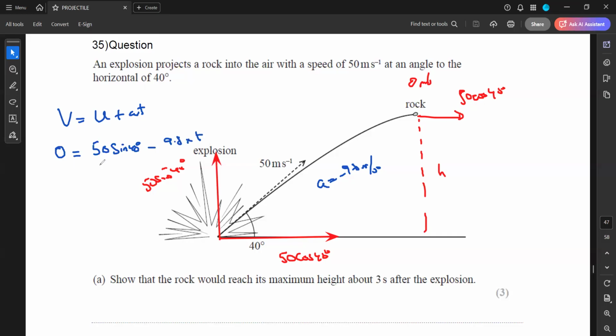When we simplify, 9.8t is equal to 50 sine 40. So t will be equal to 50 sine 40 divided by 9.8. What's the answer? How much time will it take to reach the maximum height? 3.28 seconds.